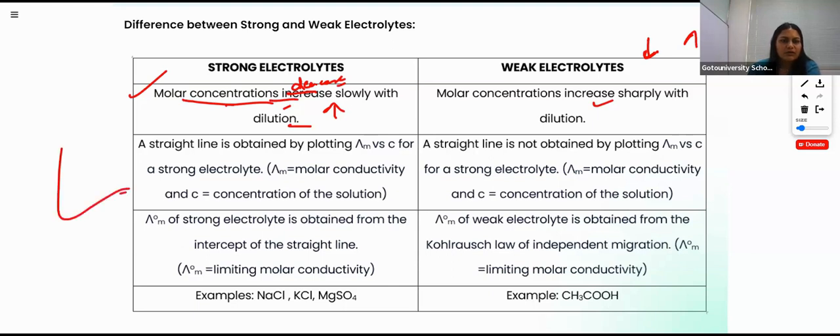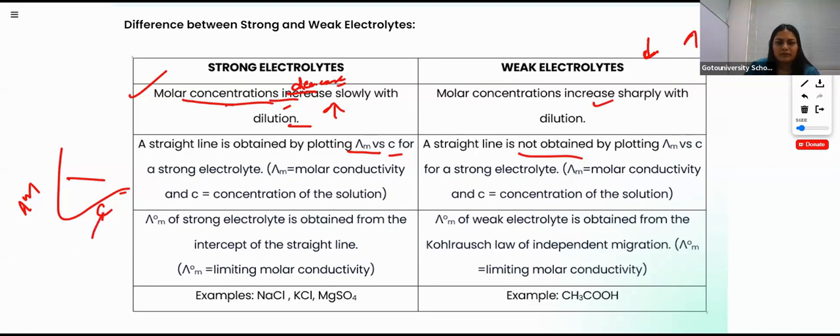For strong electrolytes, there is a straight line graph plotted between molar conductivity and concentration. Okay, and for weak electrolytes no straight line is obtained. The limiting molar conductivity of a strong electrolyte is obtained from the intercept of the straight line.